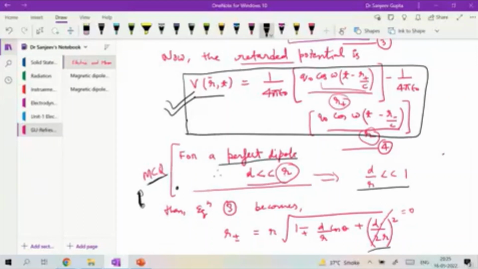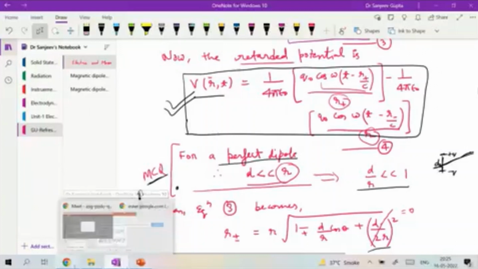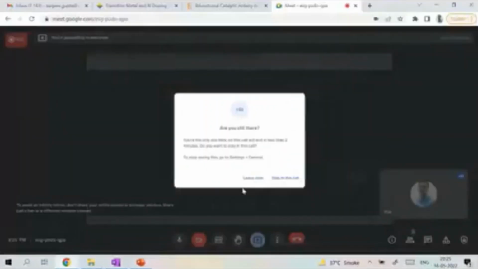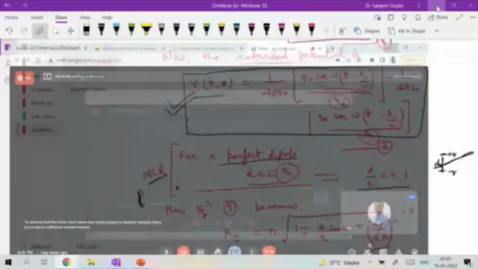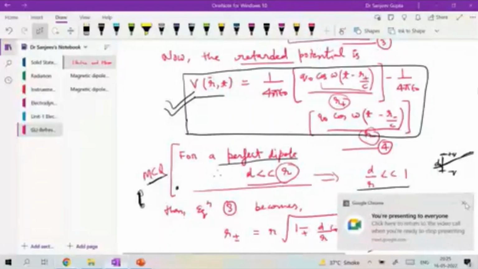It means suppose you have two charges, a positive charge and a negative charge, and d is very small as compared to r, the distance from the observer.